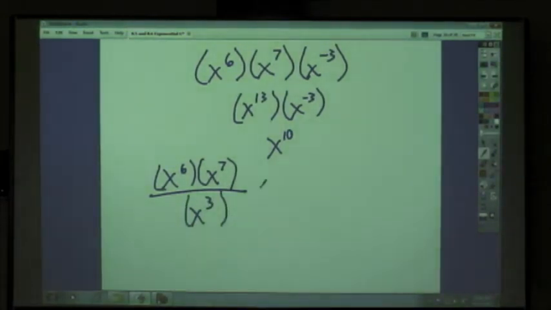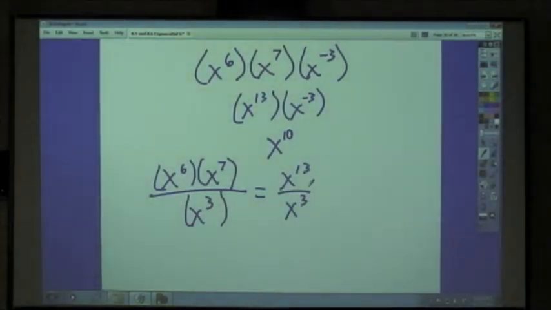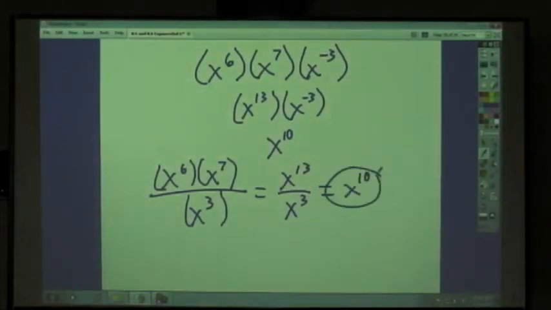And that's absolutely fine. That would give you x to the 13th over x to the 3rd, which is 13 minus 3, because you divide like bases, you subtract the exponents. 13 minus 3 is 10. And so you would still end up with the exact same answer no matter which method you use. As long as you are using the properties, you will be fine.